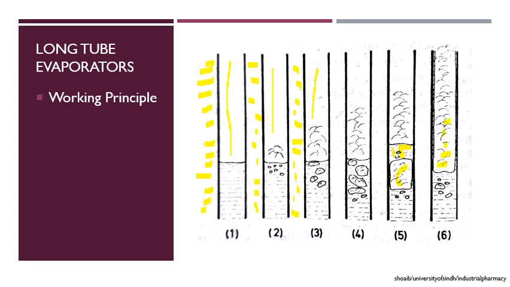Okay, and these films will move along the length of the tube. As we have already discussed, the length of the tubes may be up to 7 meters, and the velocity of the vapors will be 6 to 7 meters per second.